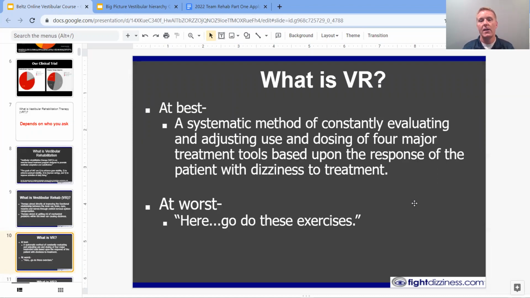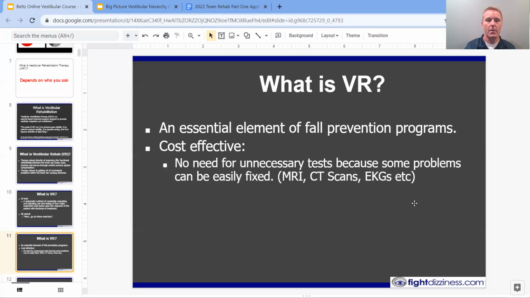At best, vestibular rehab is a systematic method of constantly evaluating and adjusting use and dosing of 4 major treatment tools based upon the response of the patient with dizziness to treatment. So vestibular rehab really is a systematic approach to helping patients get rid of their dizziness. And at worst, it's when someone just says, here, you're dizzy, try these exercises. We have no idea why you're dizzy, but try these exercises. And if they help, then good. So that is kind of what's done out there.